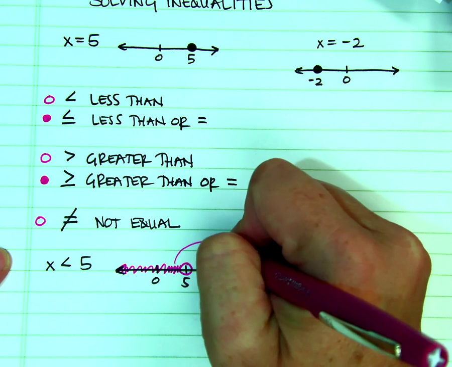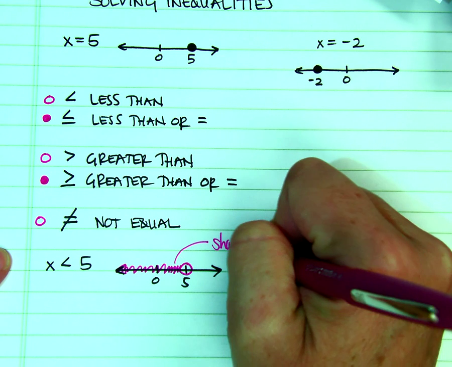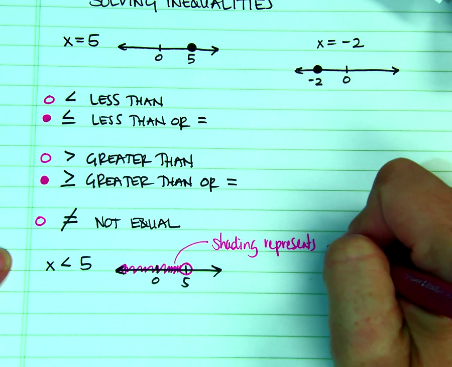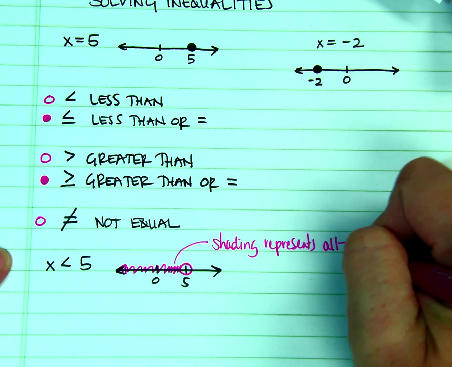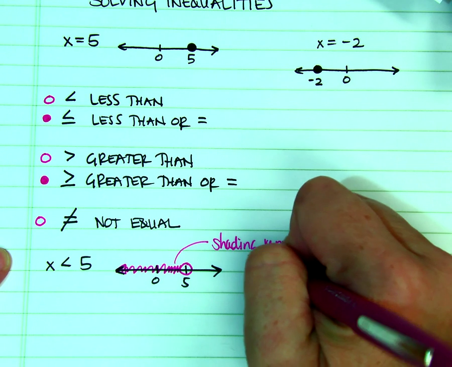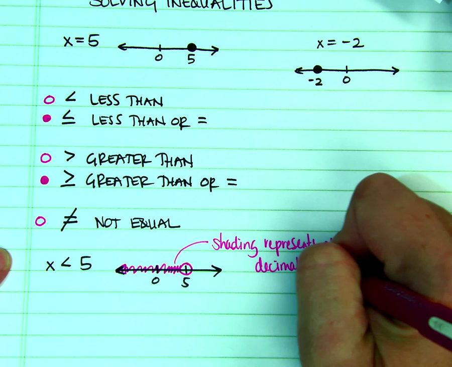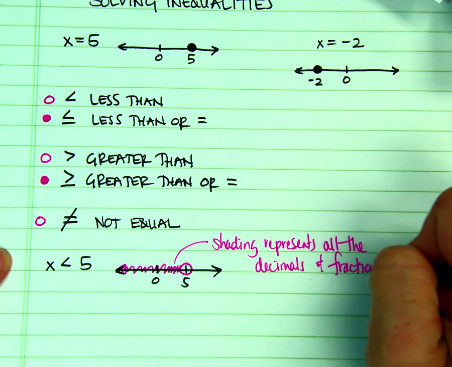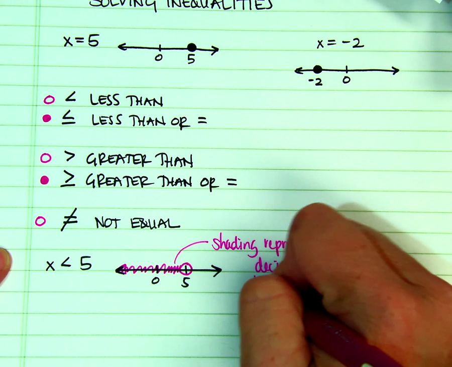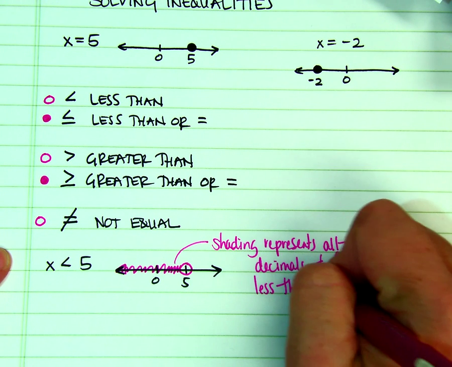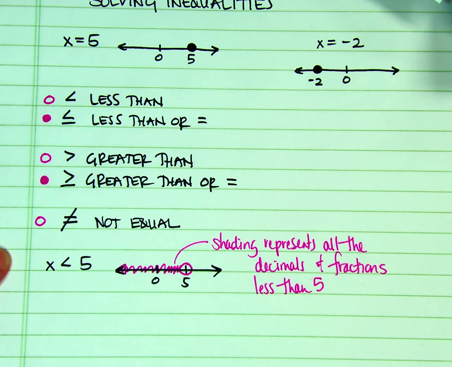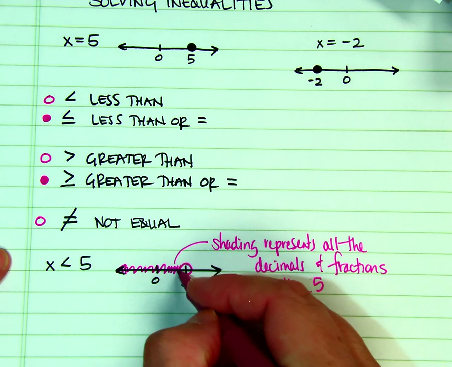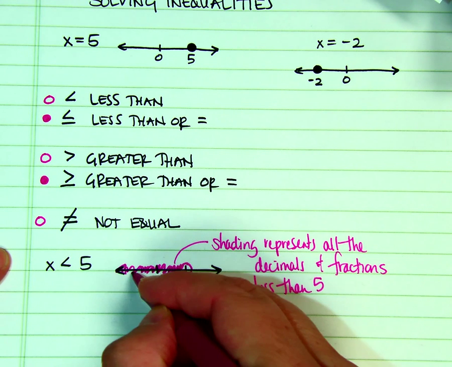The shading represents all the decimals and fractions less than 5. Okay, so that's why we have to shade it. We're not just looking for a few numbers, we're looking for all the values that are actually less than 5.